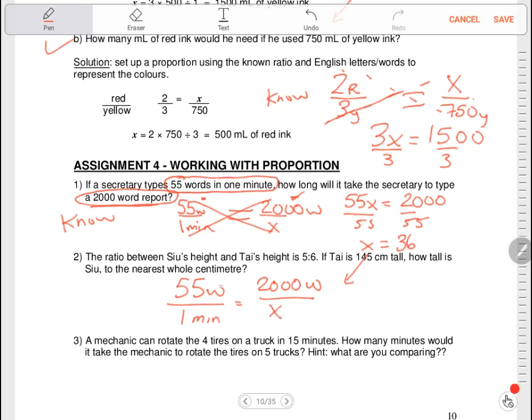And what I mean by that is, you see, it was words here and words here. Well, if it's minutes here, it should be minutes here. And so we solved our x value to be 36. And what I'm trying to tell you is, well, what unit is that? It must be 36 minutes.